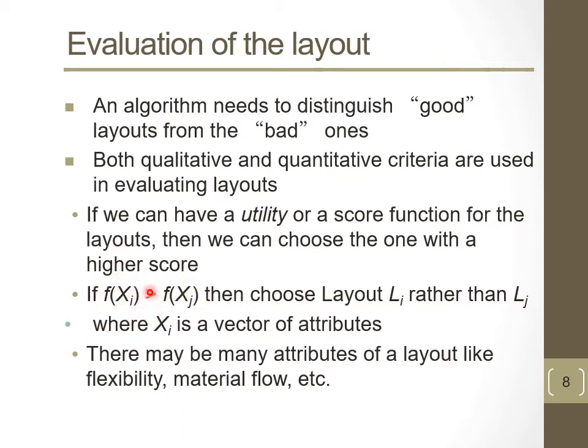Basically, if the total flexibility of layout Li is better than the total flexibility of layout Lj, then we prefer layout Li rather than Lj. This is something like that, and we will talk about some of these score functions.